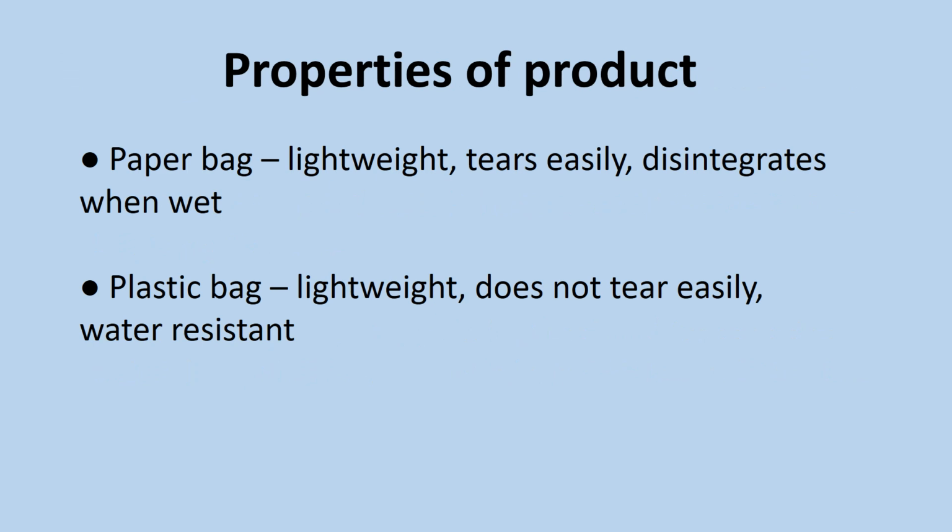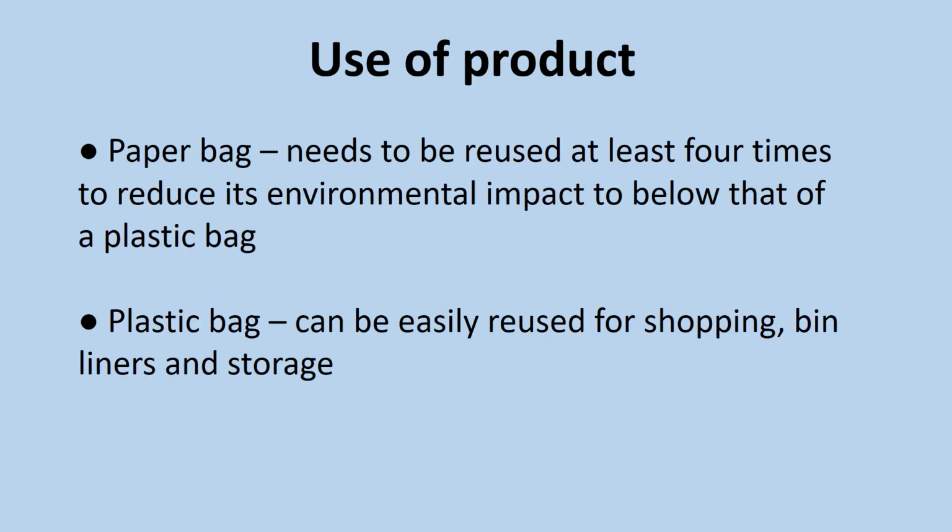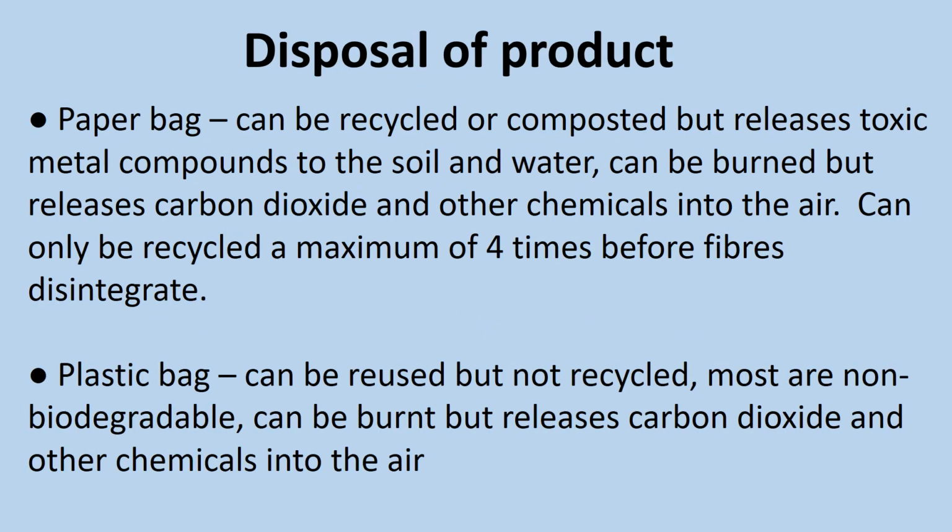Paper bag: lightweight, tears easily, disintegrates when wet, but a plastic bag is lightweight and doesn't tear easily and is water resistant, so that's better. A paper bag needs to be reused at least 4 times to reduce its environmental impact to below that of a plastic bag. Plastic bags can be easily reused for shopping, bin liners and storage.